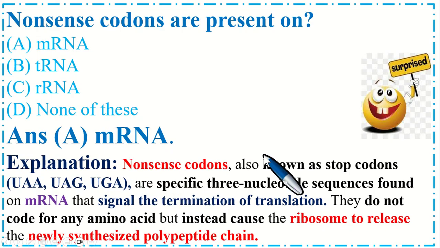Nonsense codons, also known as stop codons, UAA, UAG, UGA, are specific 3 nucleotide sequences found on mRNA that signal the termination of translation. So they do not code for any amino acid, but instead cause the ribosome to release the newly synthesized polypeptide chain.